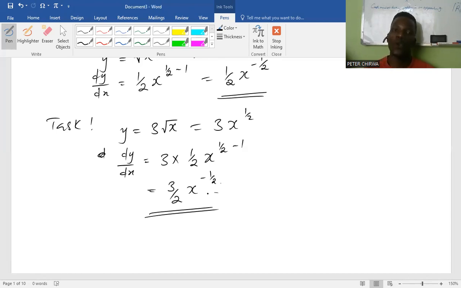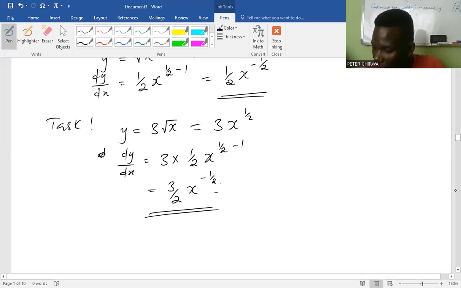What you need to do is to apply the same principle, the same concept on each term. So if you are summing or finding the difference, subtracting, you use power rule on such functions. Let's look at what we are talking about.